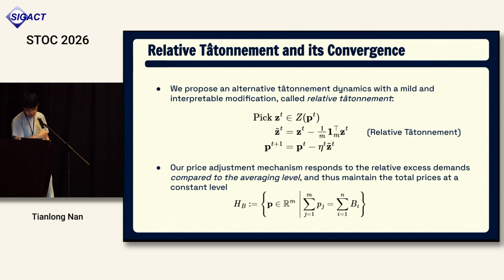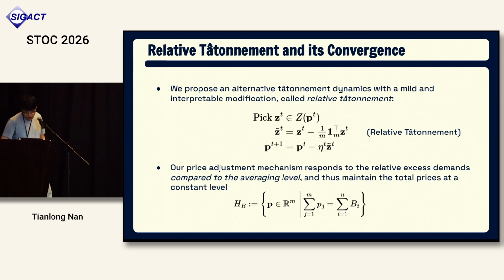But here, we pick the excess demand, the z_t there, and we subtract the mean of the excess demand over all the goods, and we use that.